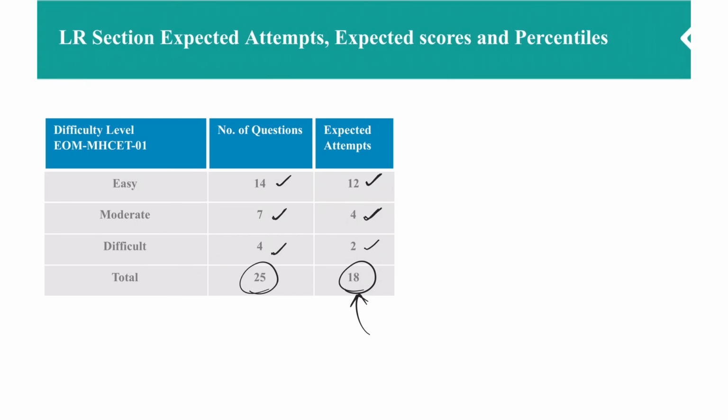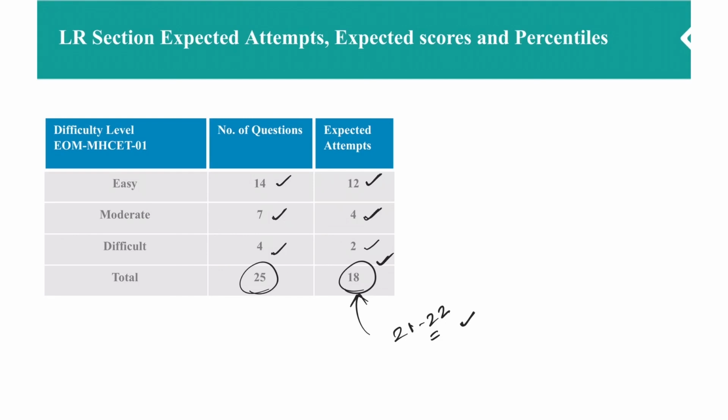This is for a student who is average with logical reasoning, which means he has just started, not much practice. If you practice enough, you should be able to get 21 to 22 with good practice. But if you had just been through the classes and had solved not many exercise problems, but still solved a few, you have the basic idea about it, you should get around 17 to 18.